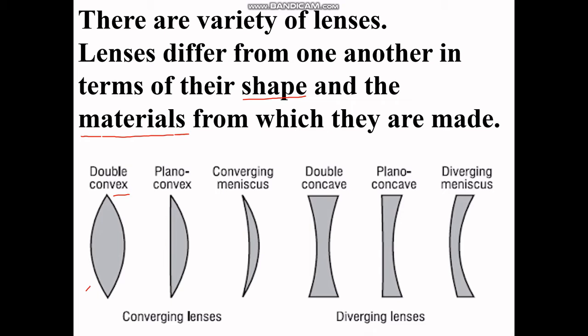Then here you can see a plane and a curved surface, and this is known as plano-convex. Similarly, here you can see two surfaces. This is known as converging meniscus. Then this is a double concave, a plano-concave, and diverging meniscus.